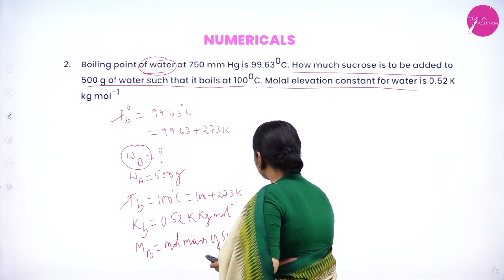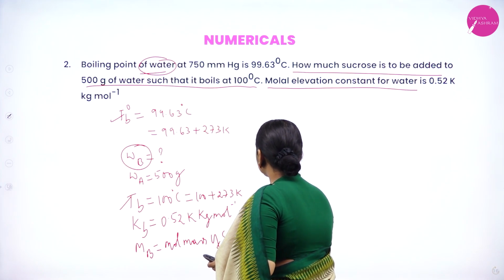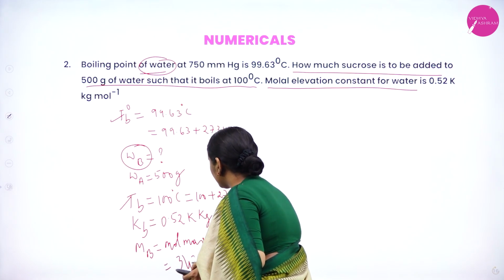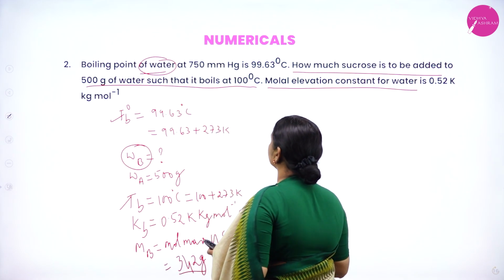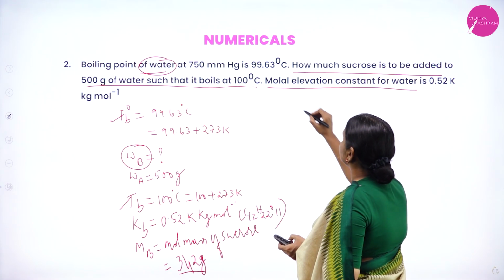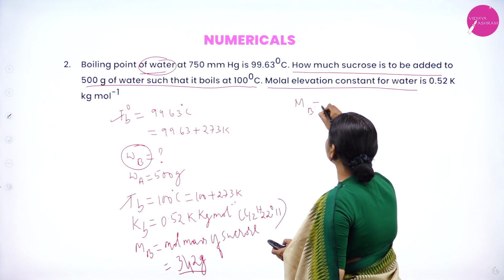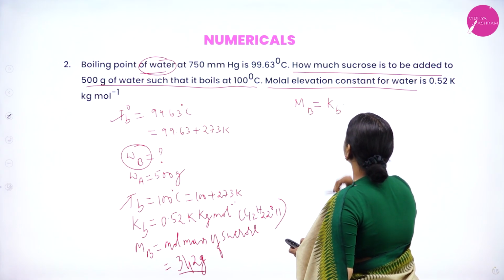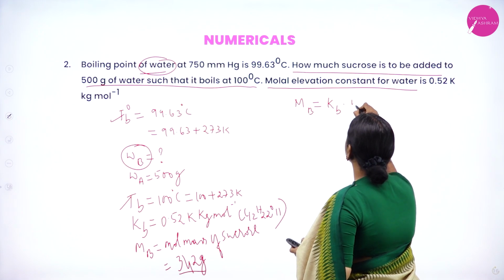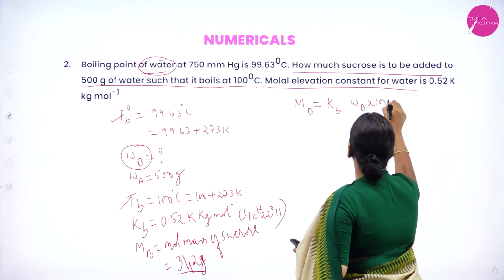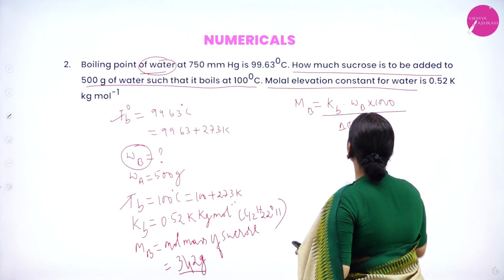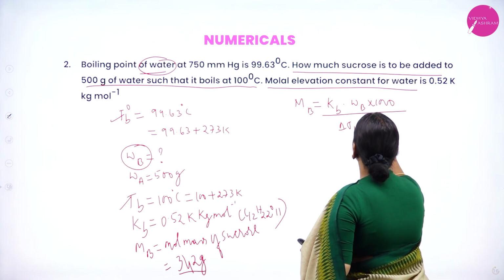What is the formula of sucrose? C12H22O11, and its molar mass is 342 gram. Therefore, MB is equal to KB into WB into 1000 divided by delta TB into WA.